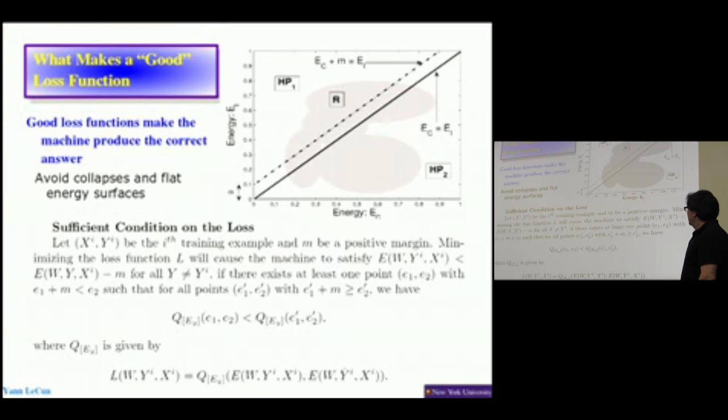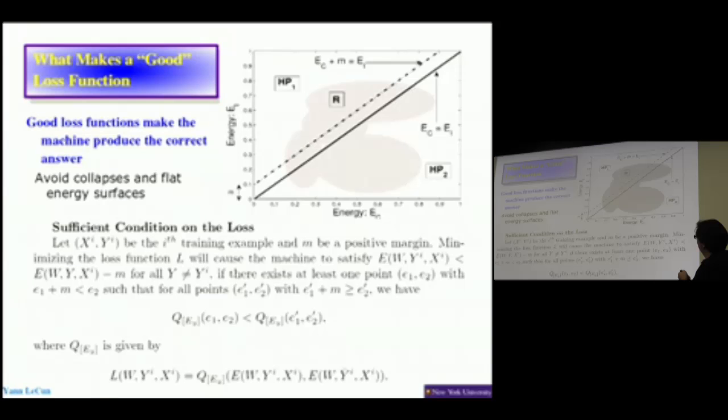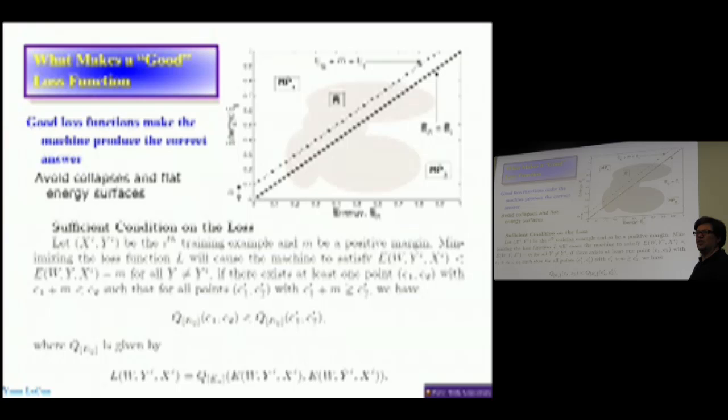It's a sufficient condition, but basically it's the same drawing as I had before. What you want is for the energy to be somewhere to the left and above in this diagram, where this is the energy of the correct answer and this is the energy of the most offending incorrect answer. You want the energy to be lower in this part than in that part. If that's the case, then you have a good loss function.